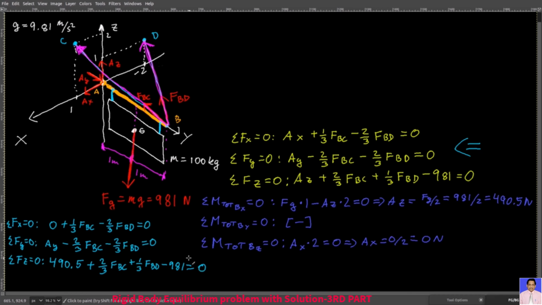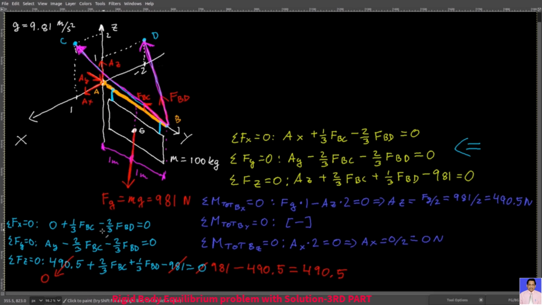With the last equation, I can put 981 here and get rid of it from here. Then I can put here minus 490.5, and so this term goes away.